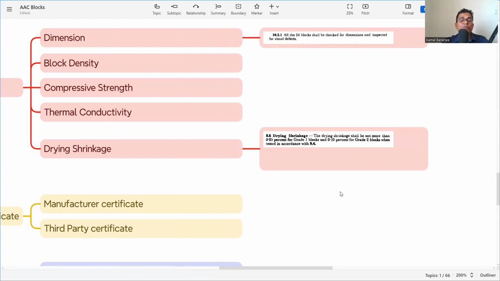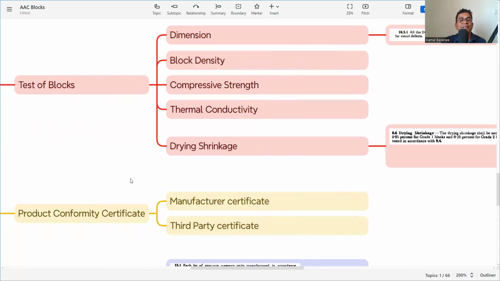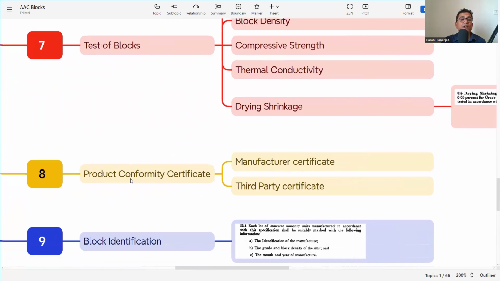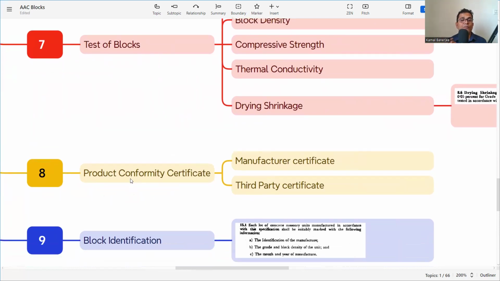So 9.4 is the testing procedure, but for the purpose of the drying shrinkage, we need 0.05 for grade 1 and 0.1 for grade 2. So these are the tests: dimension, block density, compression strength, thermal conductivity, and drying shrinkage. We need to check and verify as per the requirement mentioned in the clause. So we have already covered the code, the dimension, the physical properties, the tests to be conducted, the lot size, the sample size, and the criteria for accepting the test.